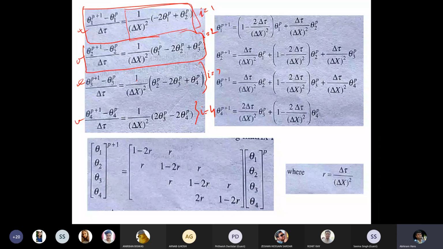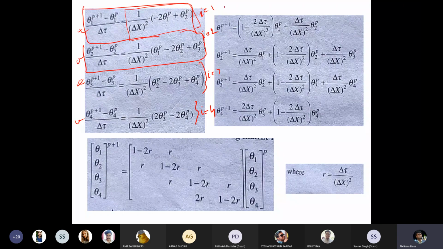If you can solve them, our problem is solved, because both the temporal term and the spatial term are discretized now. Now in these 4 equations, if I express all of them, in the left hand side we can keep the p plus 1th term, and in the right hand side we can keep the pth term.